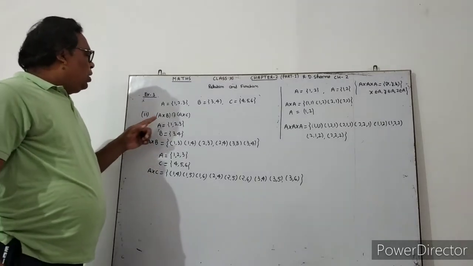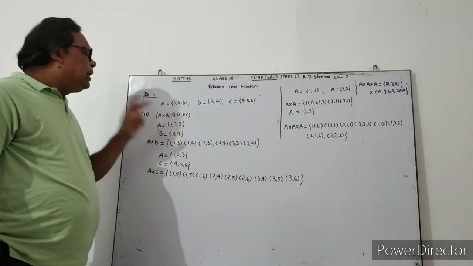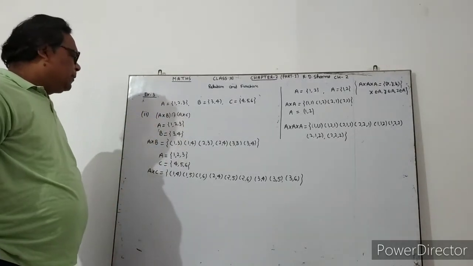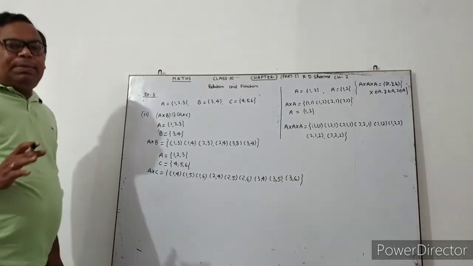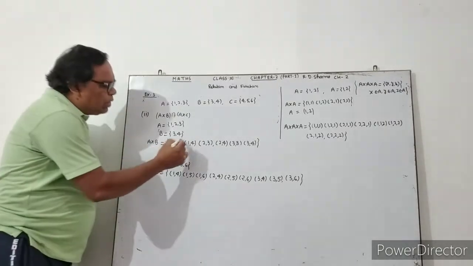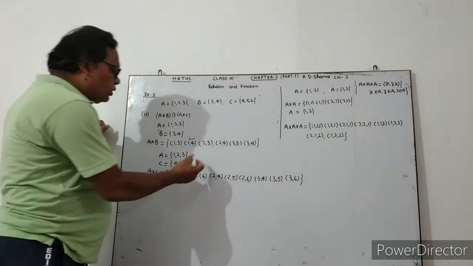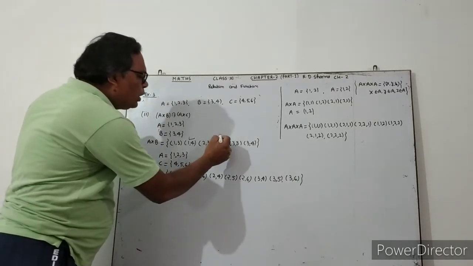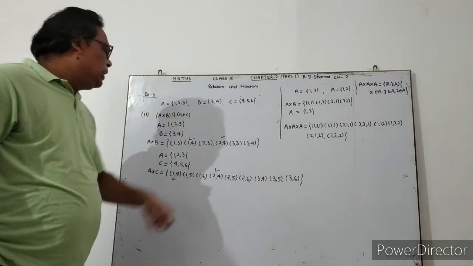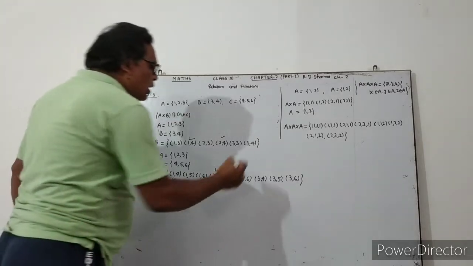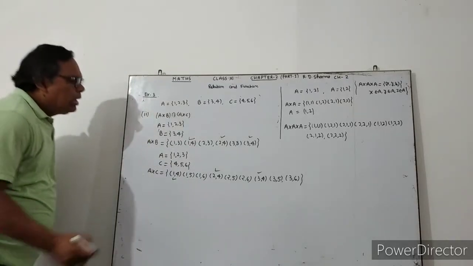Now, what is your question? The question is to find A cross B intersection A cross C. So you see which elements are common in both, intersection means common elements. 1, 4 is common. Now 2, 3 is not common, 2, 4 is common, 2, 4 in both. Now 3, 3 is not common, 3, 4 is common. So what will be your answer?